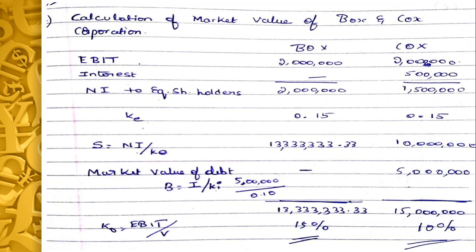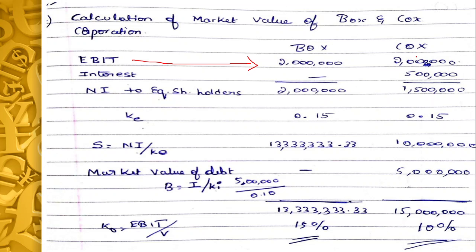Now, EBIT they have given specifically in the problem to be 2 million each. Now, for this particular problem, even though it has been done, there have been some mistakes.